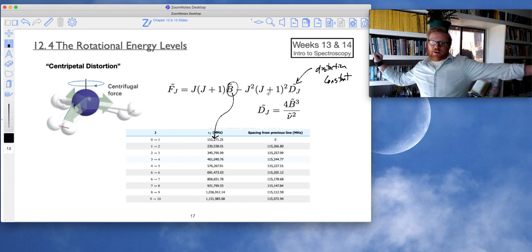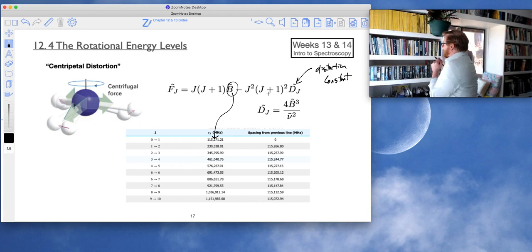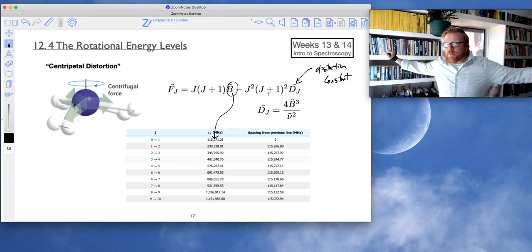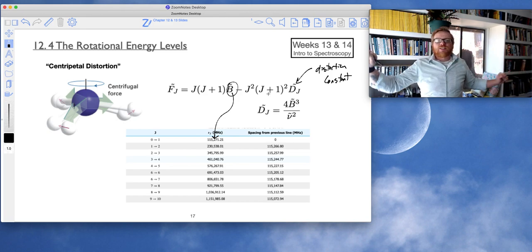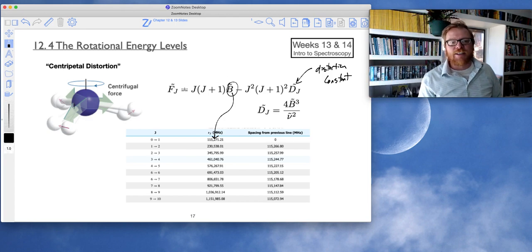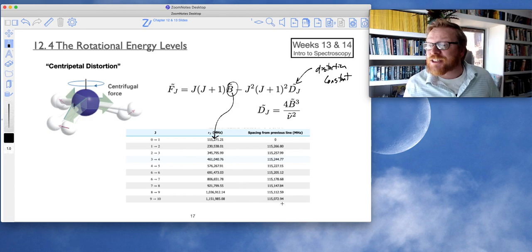So imagine an ice skater spinning round and round and round. As you bring your hands in, you rotate faster, and as you bring your hands out, you rotate slower, okay? So as those bonds are being distorted out, it's going to slow down its rotation.